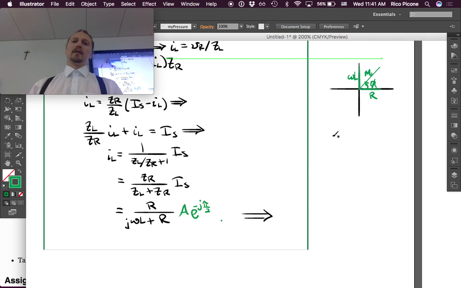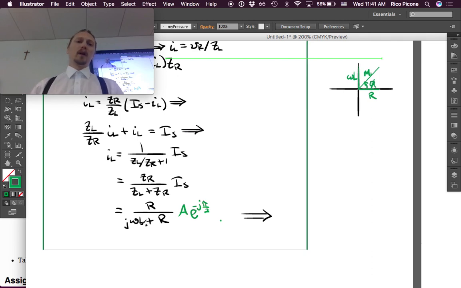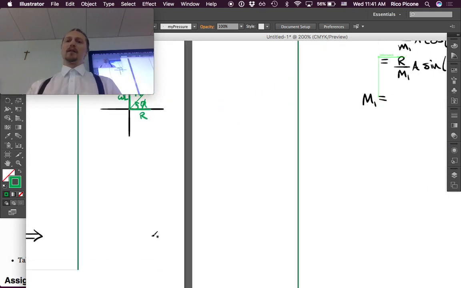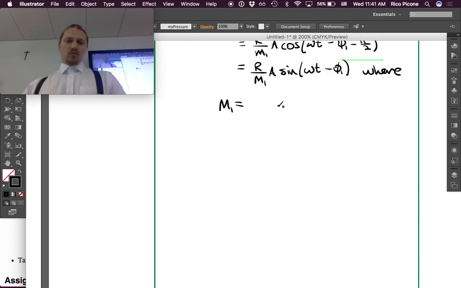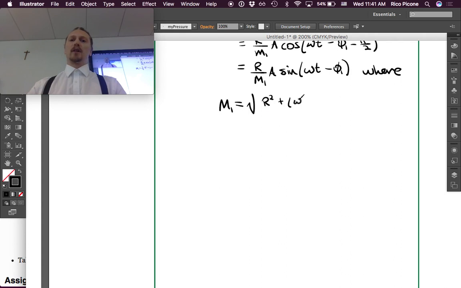So that means that our M1 is going to just be, by Pythagorean theorem, square root of the real part squared plus the imaginary part squared. So we can write that. Square root of the real part squared, which is just a resistance, plus the imaginary part, which is omega L squared.